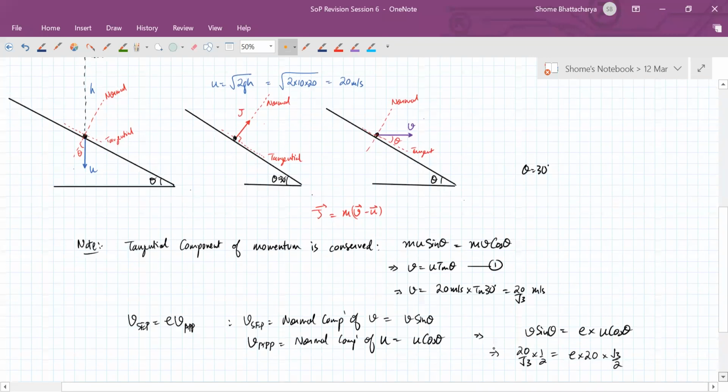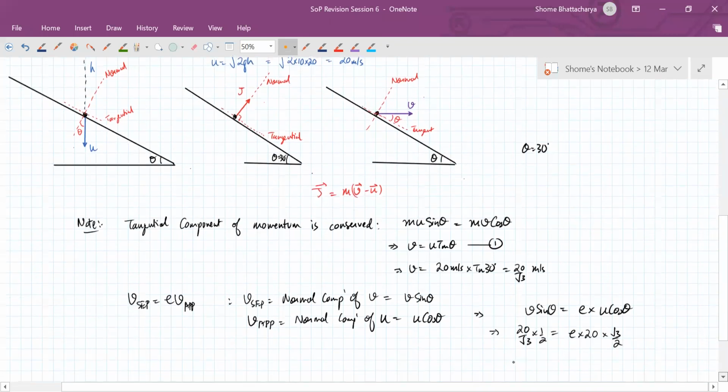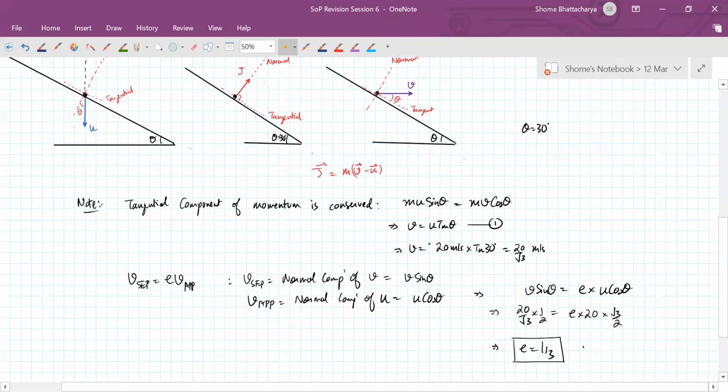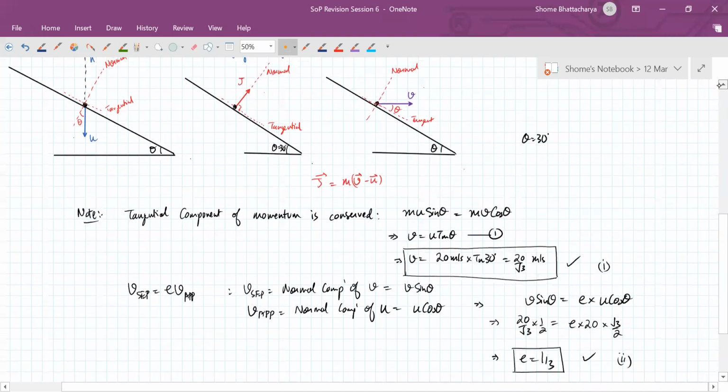From this, the coefficient of restitution comes out to be 1 by 3. So that is the other important answer. This is the answer to part 1, and this is the answer to the second part.